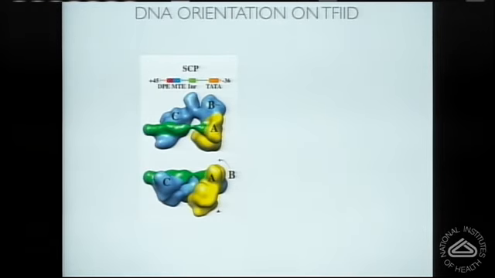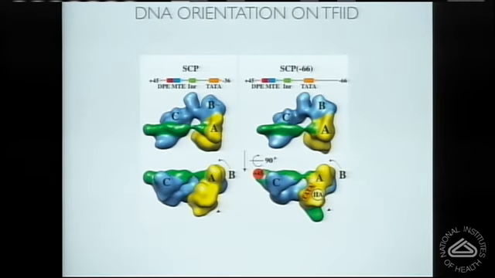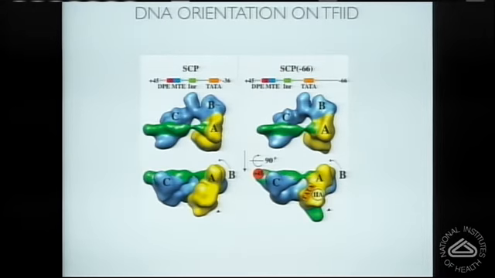So to do that, this is just a schematic of the supercore promoter. This is the upstream end with the TATA box, INR, and the MTE and DPE core elements at the downstream end. So what Mike did was to use a longer DNA construct that he extended on the upstream end, next to the TATA box, do another reconstruction and see where the extra density for this extra piece of DNA went.